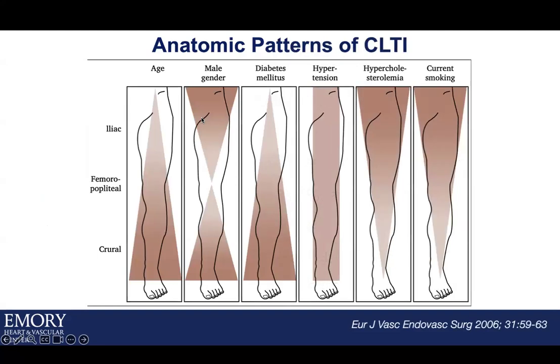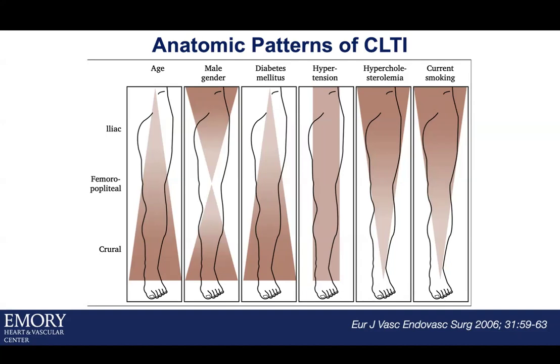The anatomic patterns of CLTI, and I think this is a very important figure that we need to understand well. CLTI is usually the result of multi-level disease. It's not an occlusion at a certain point only. There are multiple lesions at multiple levels, and you can also have parallel disease. You can have SFA disease, profunda disease at the same time.